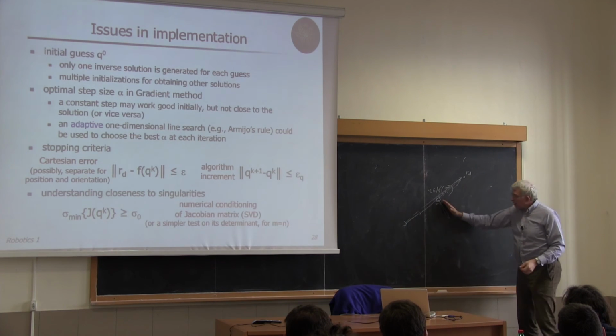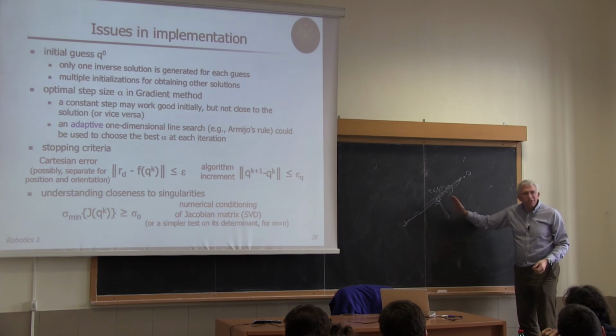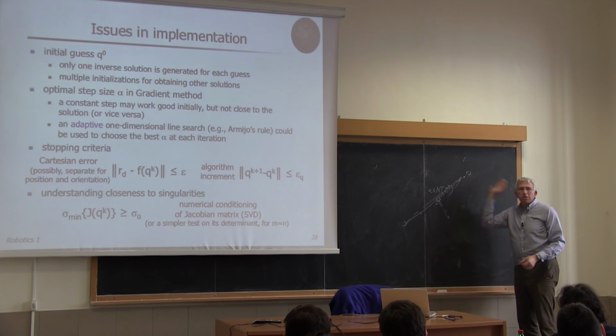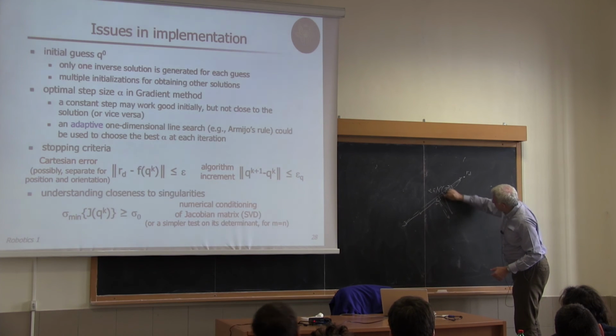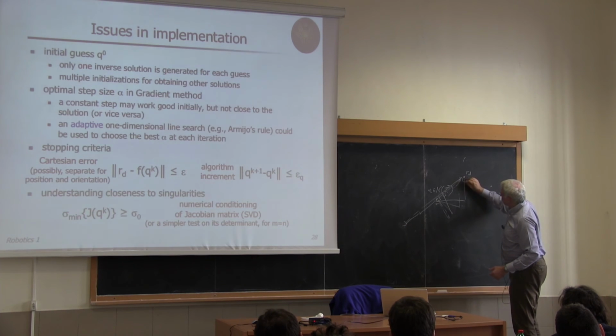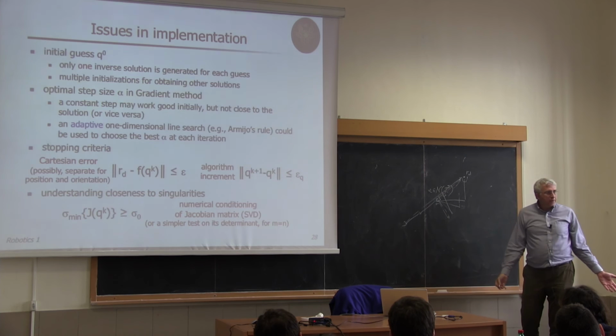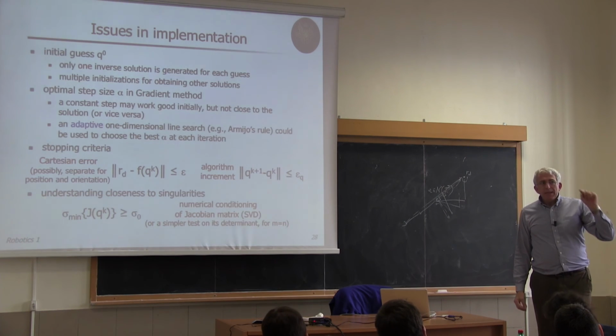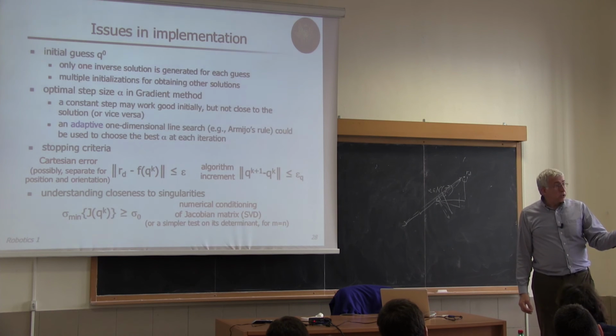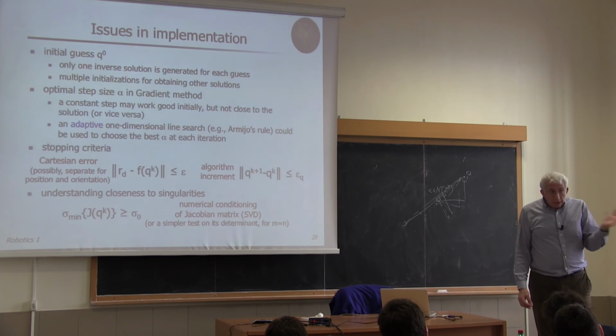So in fact, you are in a singularity, but the error is not in the null space of the Jacobian transpose, so you will cross the singularity without problem. So the next configuration will probably be this one, and then whatever, you will find eventually this solution. Okay? So remember, for the gradient method, being singular is a necessary condition for the method to stop, but not sufficient.